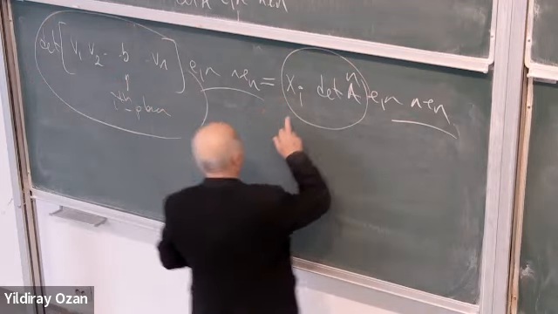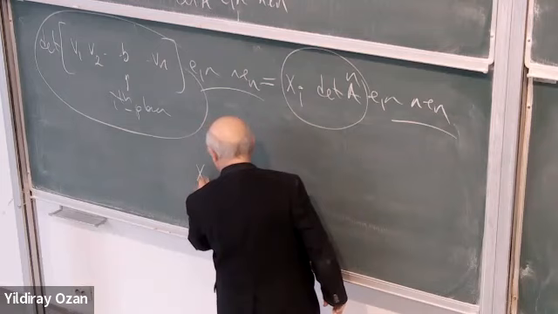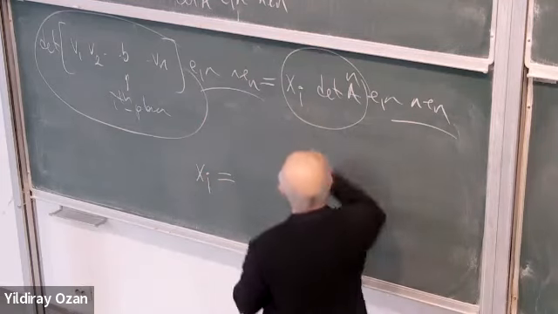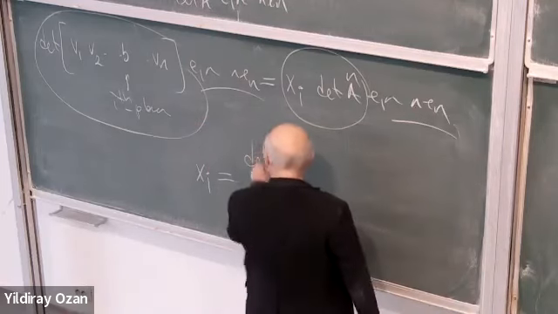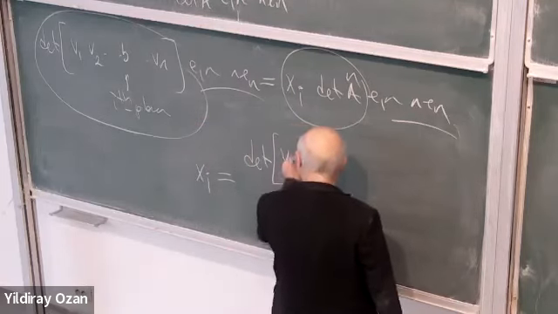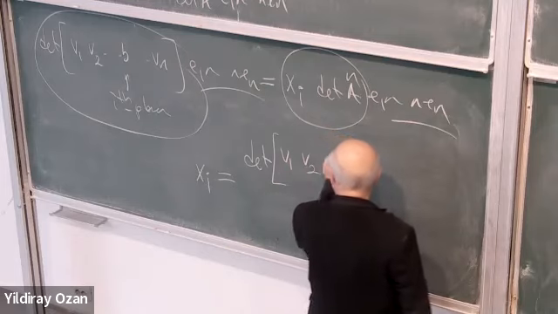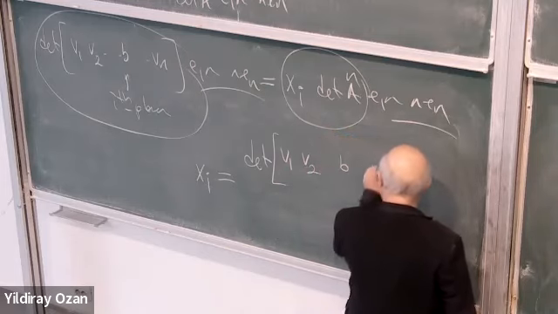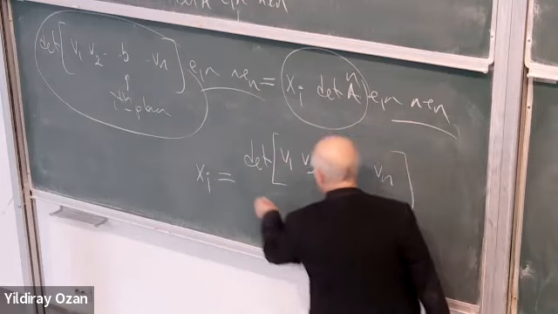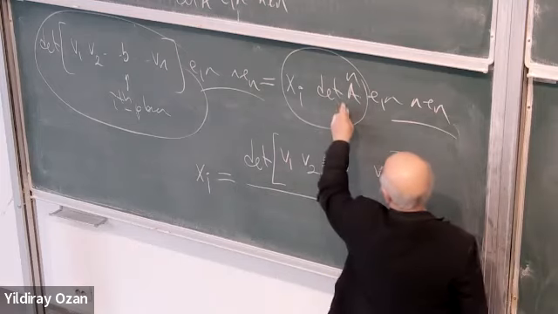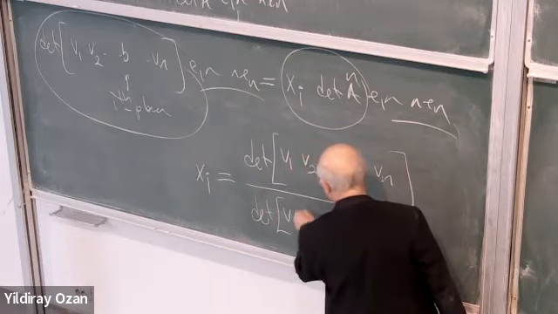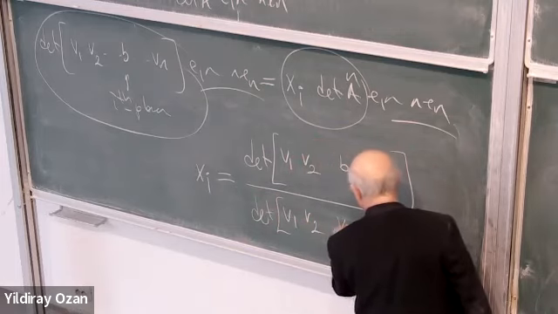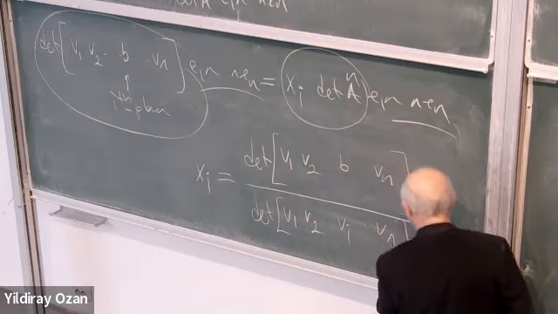Therefore, xi is just equal to this determinant, determinant of V1, V2, B, Vn divided by determinant of A hat, which is just determinant of V1, V2, Vi, Vn.